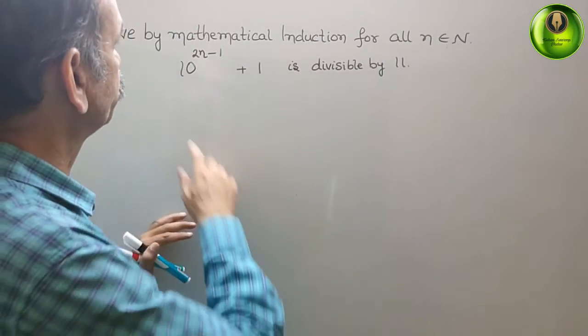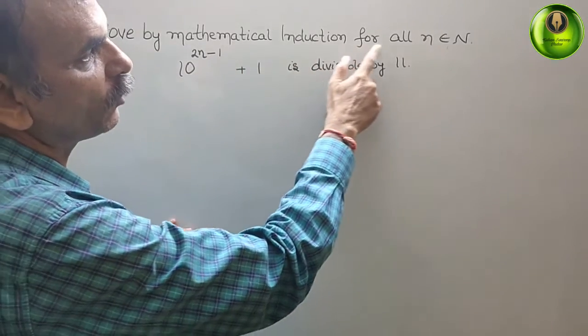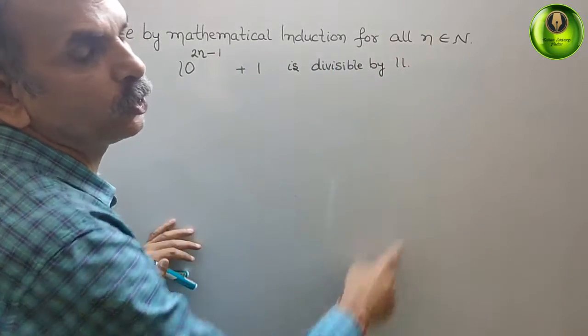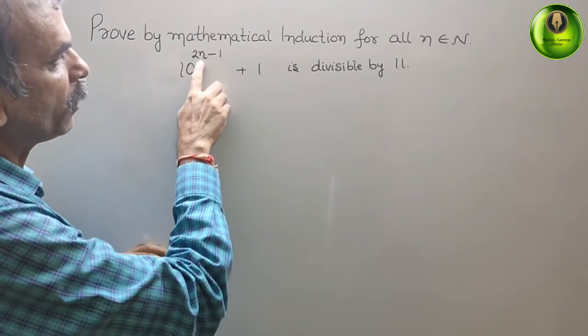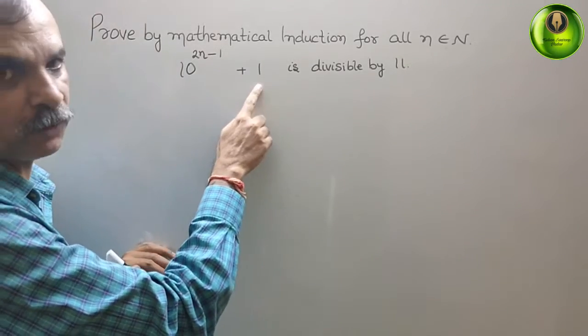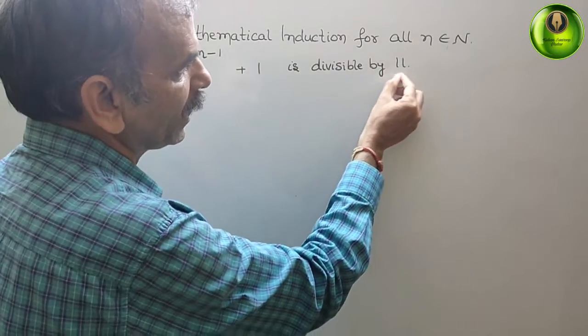Your question is: prove by mathematical induction, for all n belonging to the natural numbers. What they have given is that 10 to the power of 2n minus 1, plus 1, is divisible by 11.